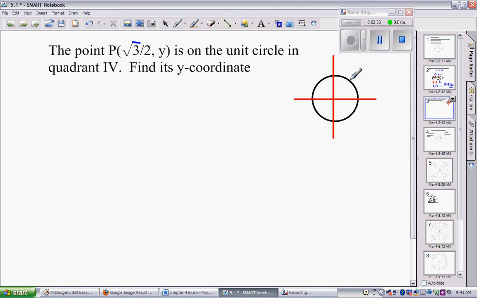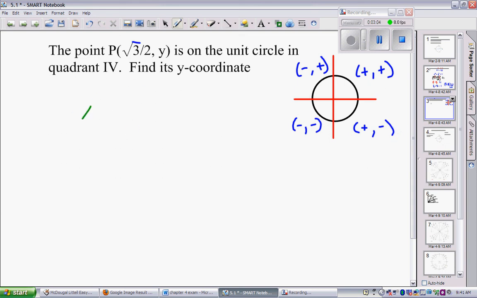We know quadrant 1 is a positive and a positive. Quadrant 2 is a negative x and a positive y. Quadrant 3, they are both negatives. And quadrant 4, your x is positive while your y is negative. We will need this at the end.